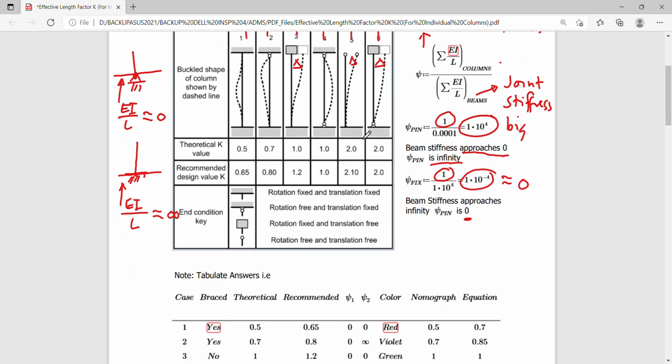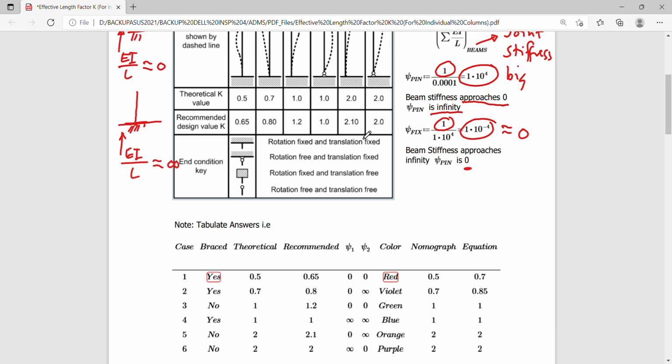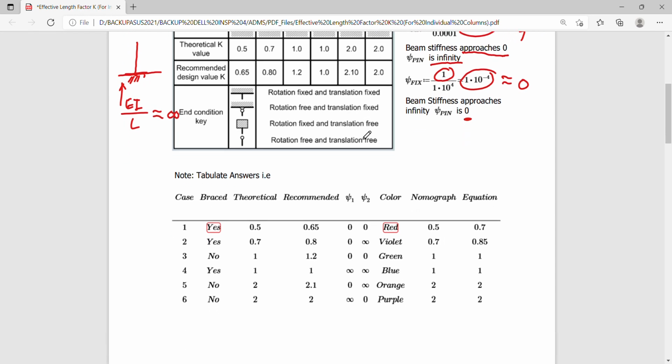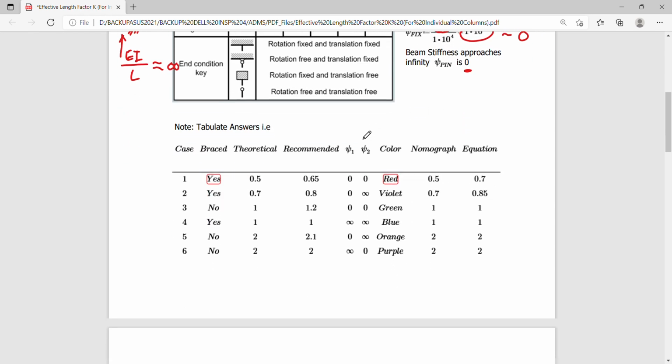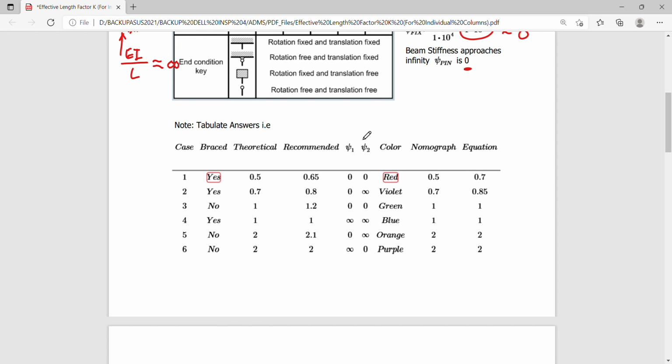So we also tabulated the theoretical K value and the recommended design value for K, which are here on this table. So the psi of the individual columns are also tabulated.